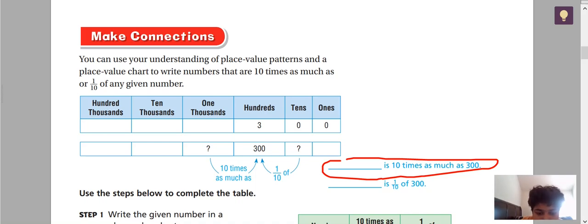So, 10 times as much as 300 would be 3,000. Oh my god, I can't write. It would be this over here, 3,000, because 3,000 is 10 times as much as 300.